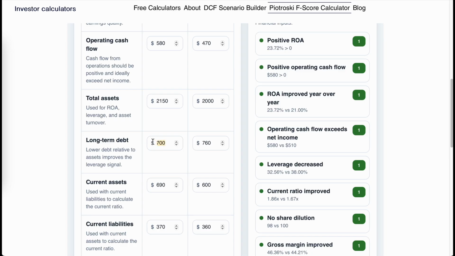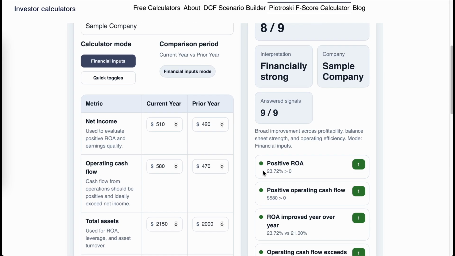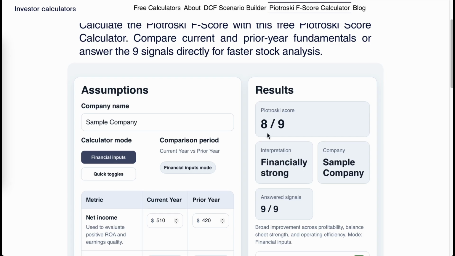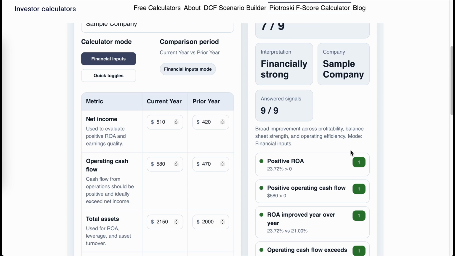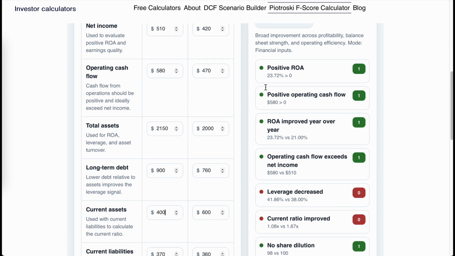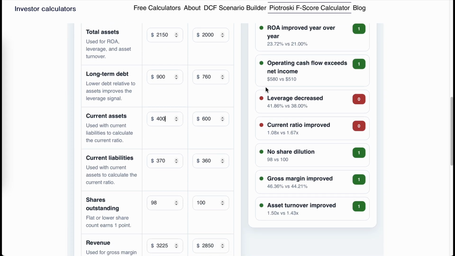For example, if in the current year the debt is 900, now you instantly see the red sign here and you get a lower score. You get 8 instead of 9. Then you see the current assets, they should be rising. If it's falling, for example, let's say 400, then you get a minus score over here and you get 7 out of 9. It is already not that strong fundamentally.